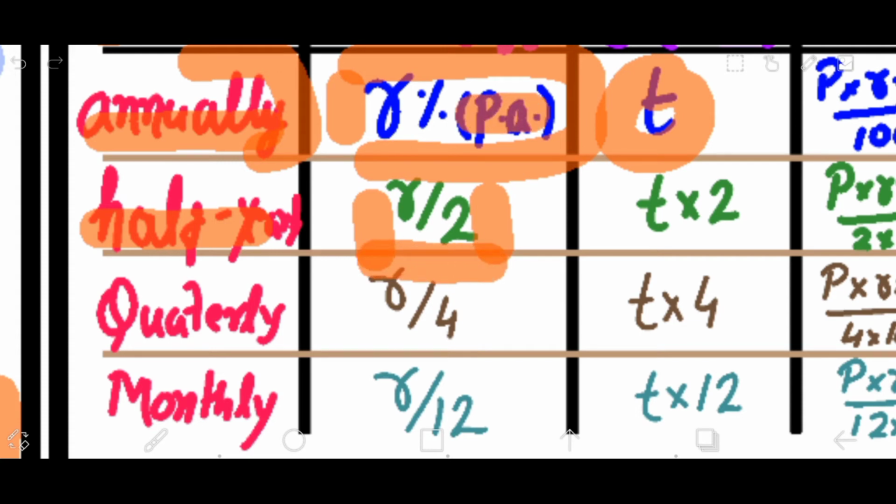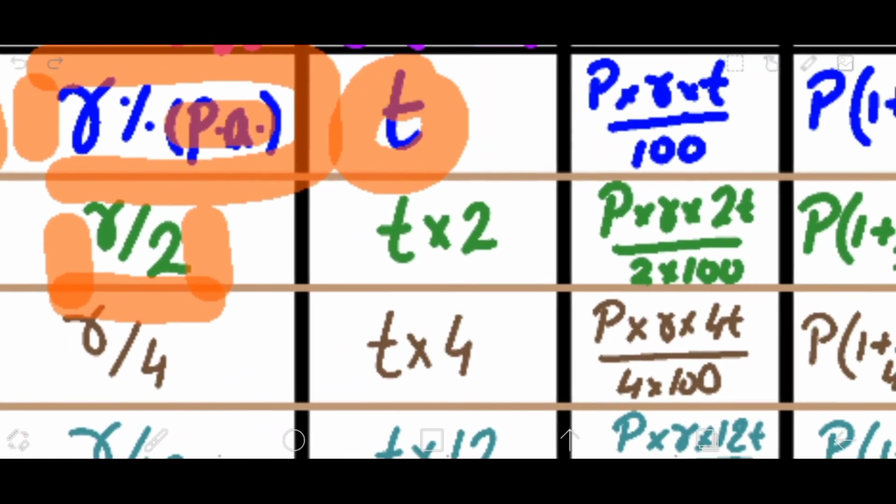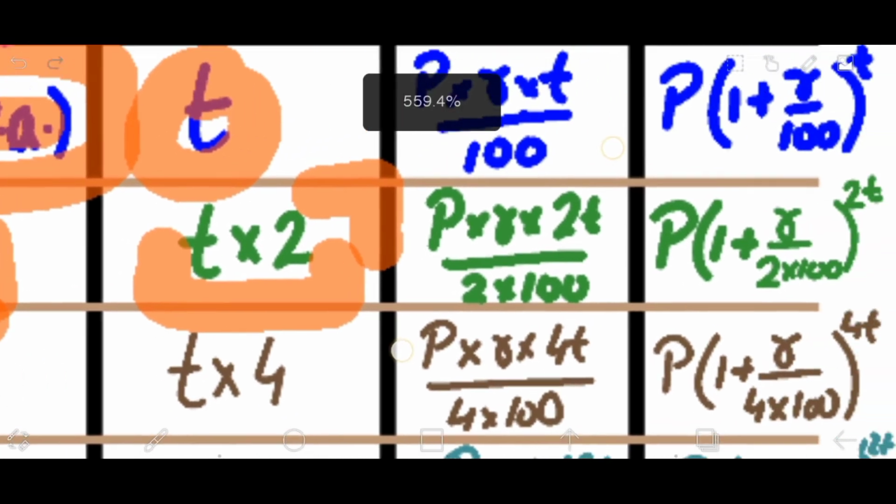Hence we need to divide it by 2, I mean, to find the rate percent for a 6 months duration, right? And the time period will be multiplied by 2. Why does this happen? Because in a year 2 times 6 months come, a year consists of 12 months and we are calculating a 6 months tenure. So we need to multiply it by 2. I hope I'm very much clear with this part.